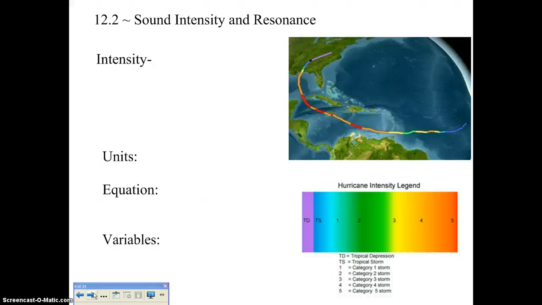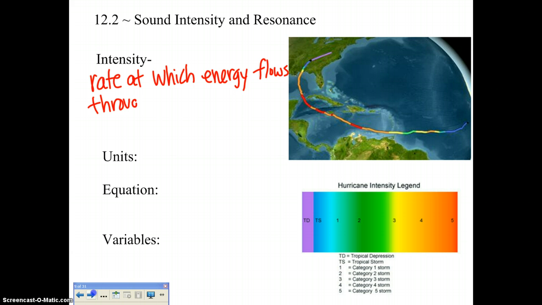The next thing we want to look at is intensity, in which intensity is the rate at which energy flows through a unit area perpendicular to the direction of wave motion.